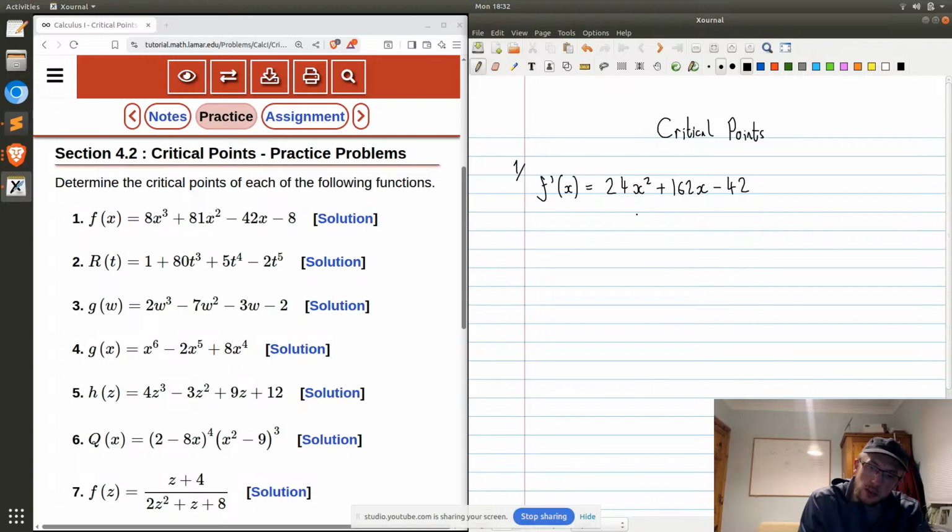That would be good. All right, and then we would obtain 4x squared plus 27x minus 7 equals 0. And then we try and find the zeros of this by factoring.